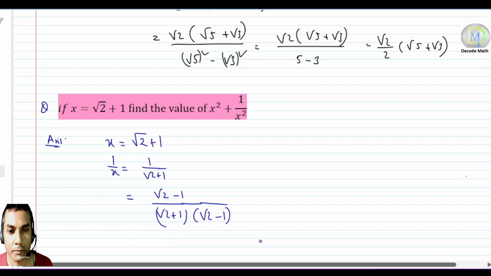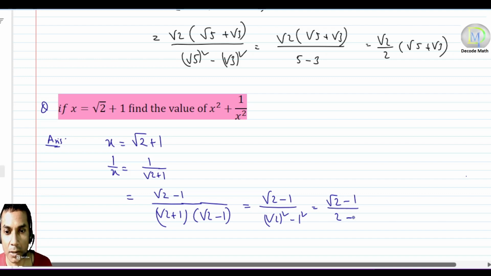Clear? Next we get root 2 minus 1. Here we use the a plus b into a minus b formula, so a square minus b square. So the numerator will be root 2 minus 1, divided by 2 minus 1. We get root 2 minus 1. So by rationalizing this denominator, we get 1.